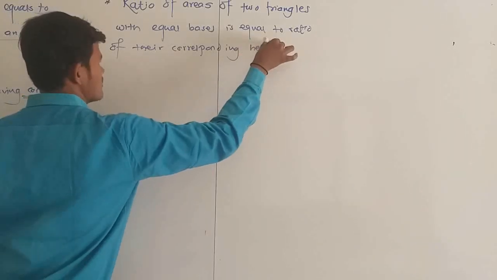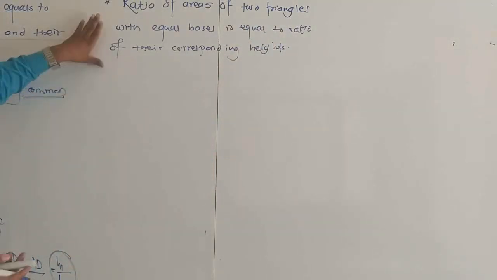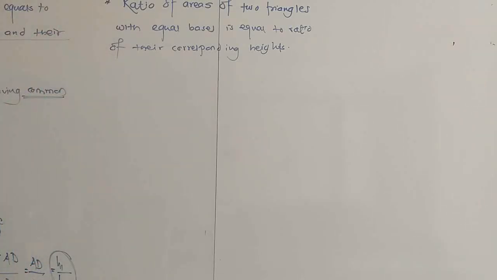So the first case, in short, how to remember is: if two triangles have a common base, then their areas are proportional to their corresponding heights.